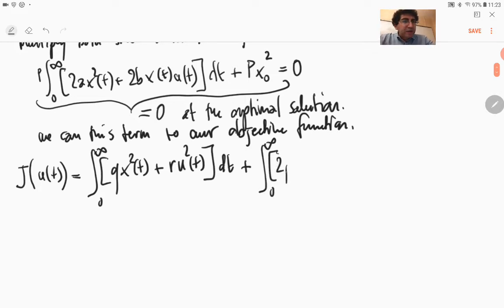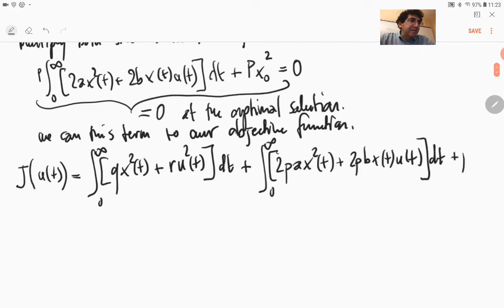So we get 2pa x squared of t, distributing the constant p inside those expressions, plus 2pb x of t u of t dt plus px0 square, is our cost function.